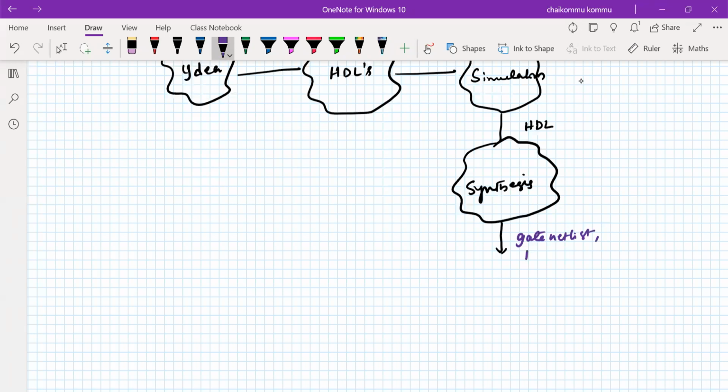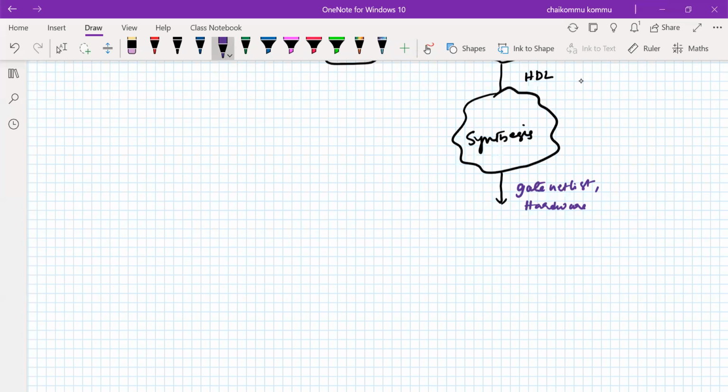Whether we call it a gate level netlist or hardware, that information must be realized or implemented with the help of real basic gates.